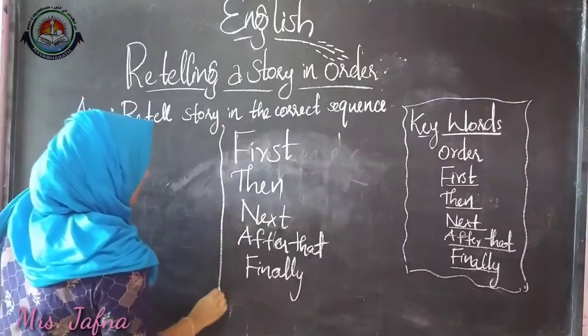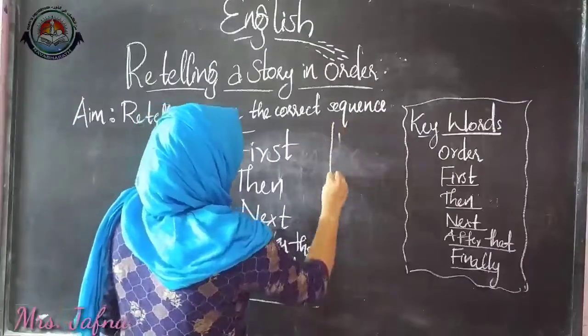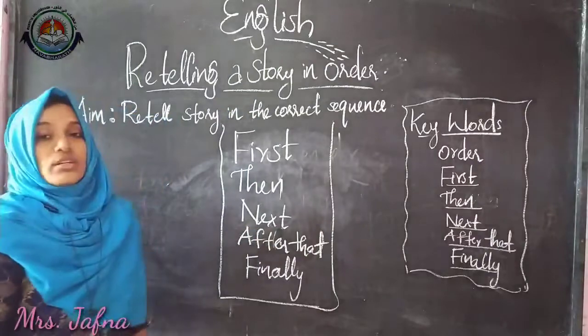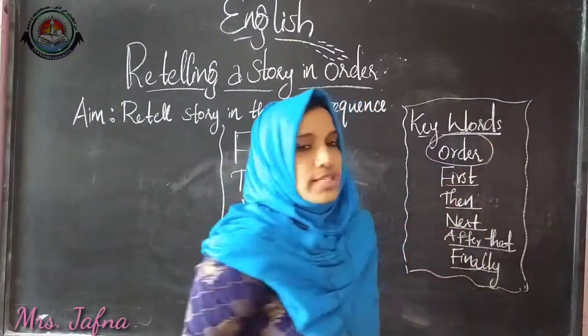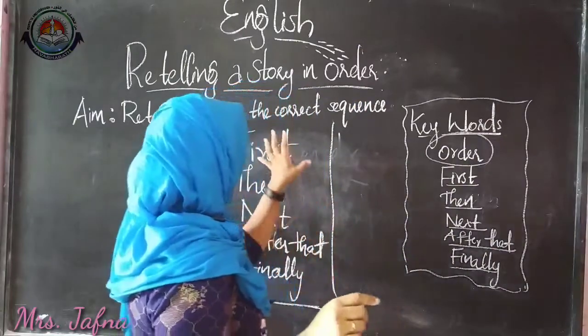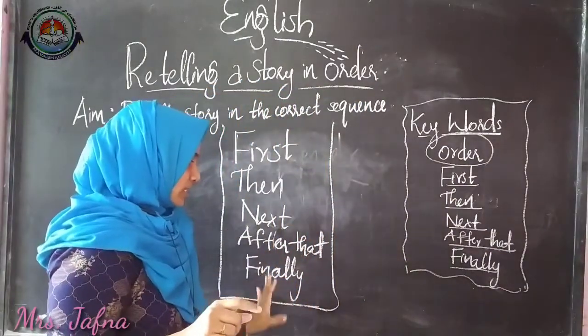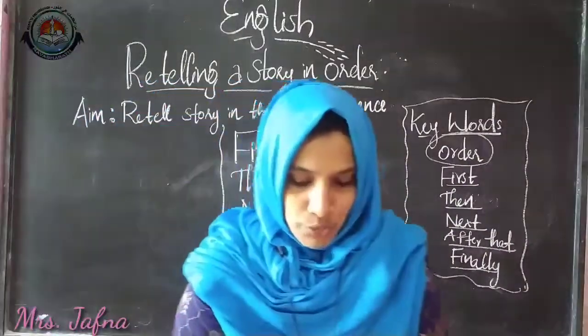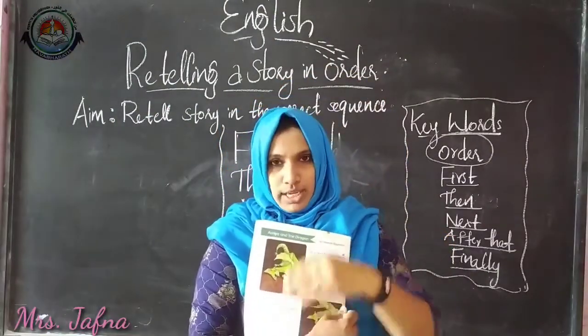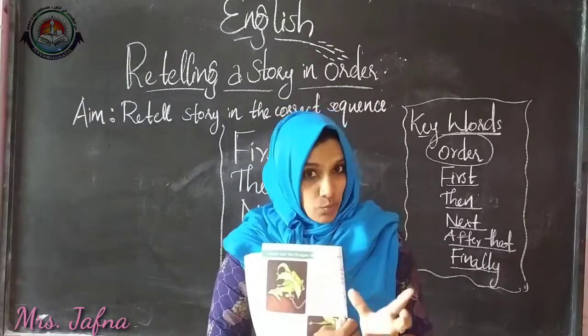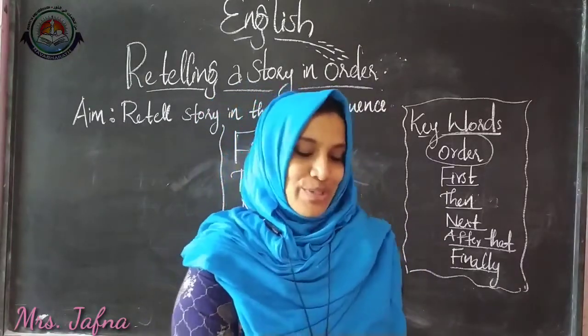So these are what we call the order words. What do you mean by these order words? With the help of these order words, we can tell the story Anya and the Dragon in the correct order, in the correct sequence. That is what we are going to do today.